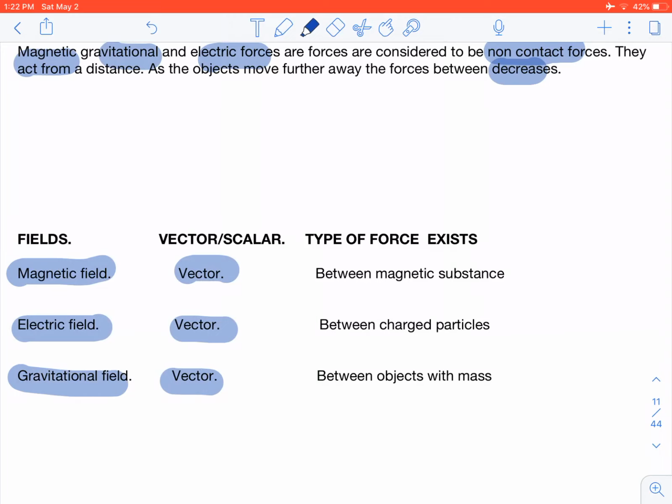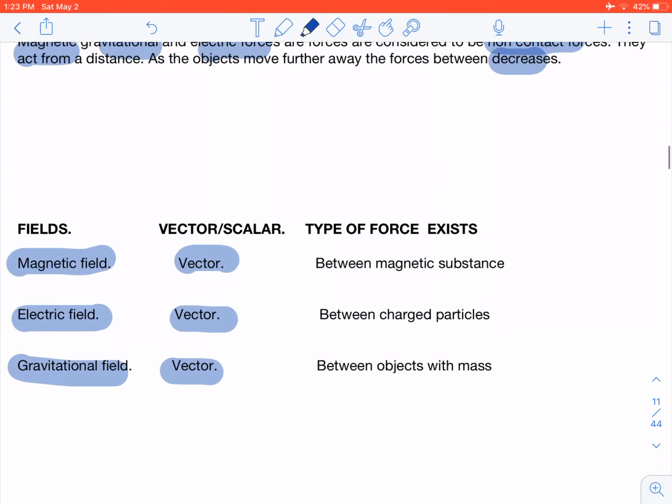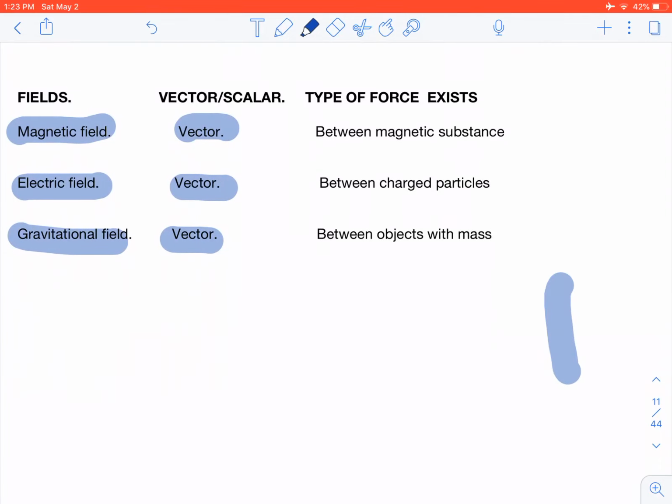Although we're just going to look at vector addition and subtraction in one dimension this year, and then when you go to grade 12, you'll look at vectors being added in 2 dimensions.